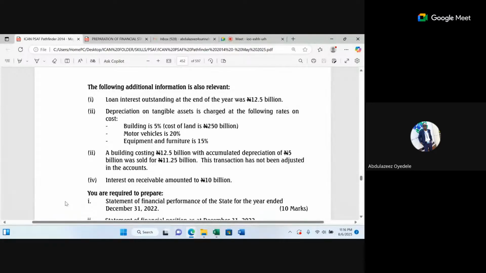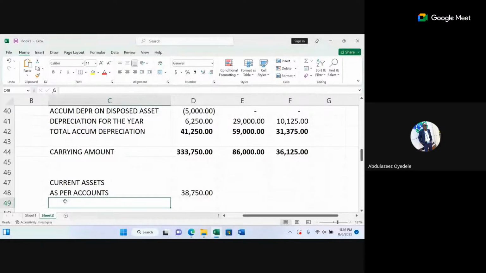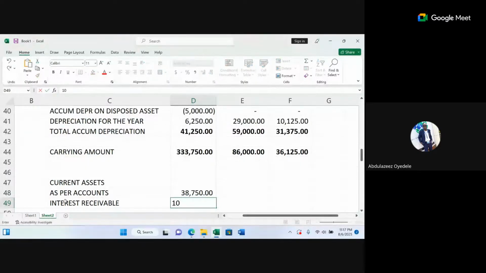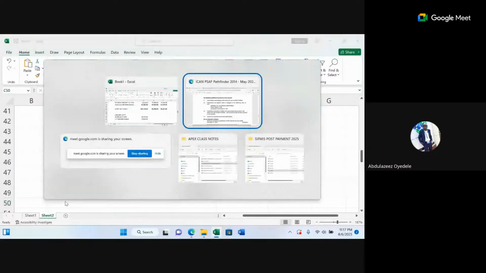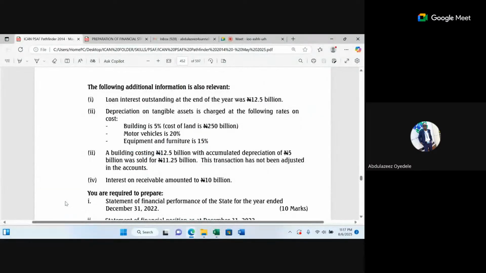So this is a receivable, which of course is a current asset item. So this needs to be added to form part of our current assets. Receivable, interest receivable, and that is 10,000 billion.